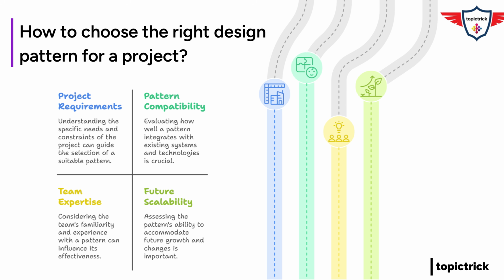Yeah, that's what's so great about software architecture. It's not about rigidly following the rules. It's about being creative, applying these patterns, sometimes even blending them together to come up with the best solution for your specific challenges. So it's more of an art than a science then. You could say that, yeah.